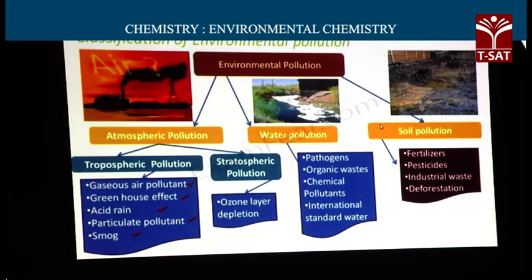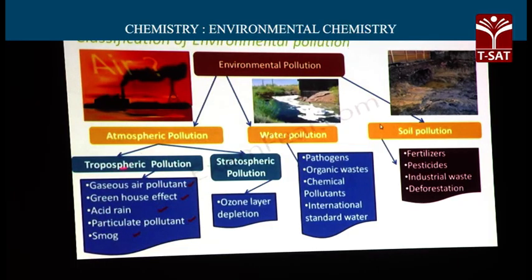Let us talk about the classification of environmental pollution. Basically, environmental pollution is broadly divided into atmospheric pollution, that means air pollution, water pollution and soil pollution. Air pollution is of 2 kinds: tropospheric pollution and stratospheric pollution.